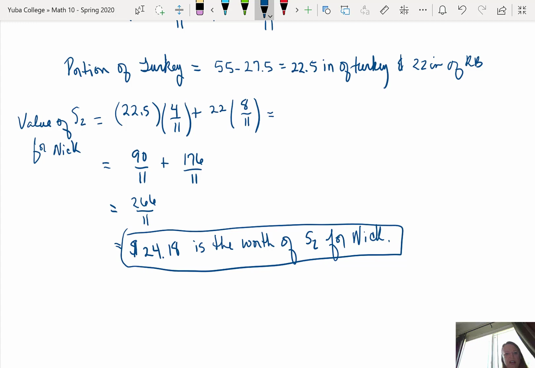Okay, so in that time of the pause of the video, I noticed that I did do something wrong. That 55 minus 27.5 should have been 27.5. So let's erase that.